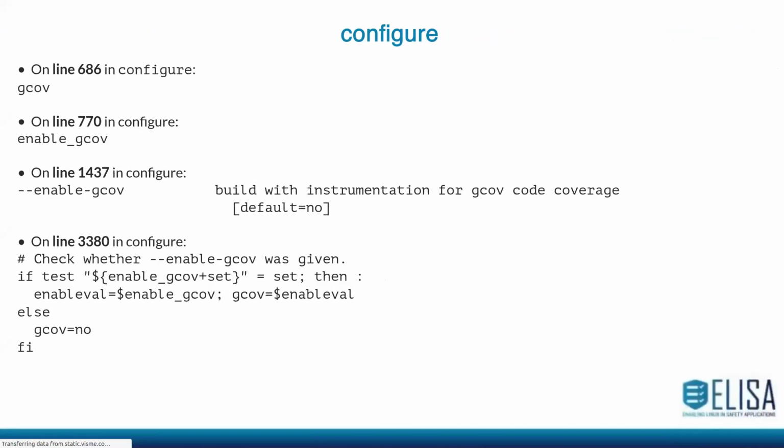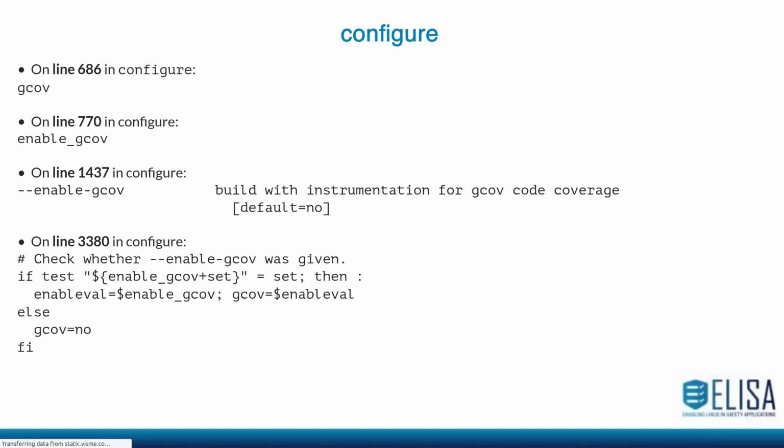So in the configure script, around line 686, there is a large array. That array includes every single variable that gcov needs, and that the glibc build system needs. So over there we add a variable called gcov, and on line 770 we add an option to enable gcov, and on line 3380 we finally check whether the option was given.